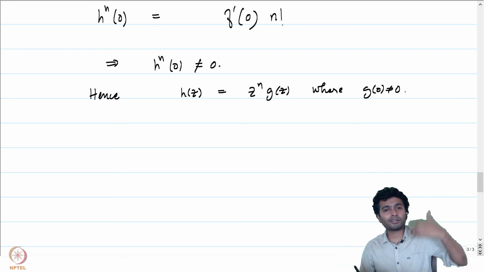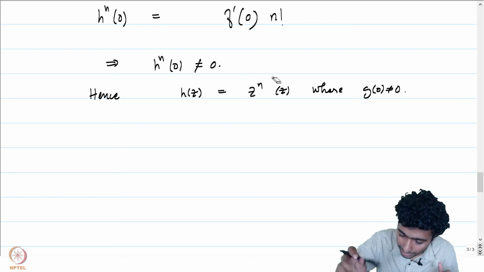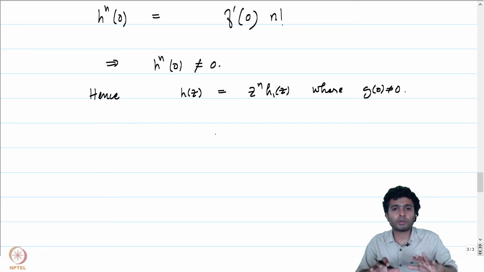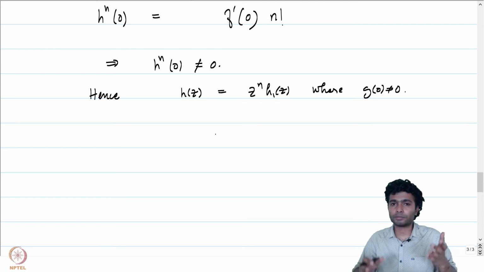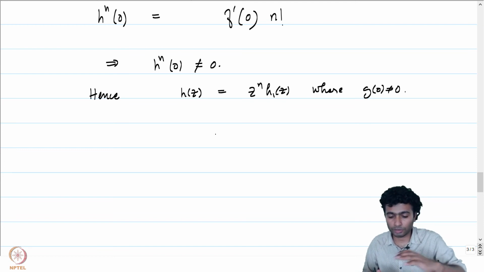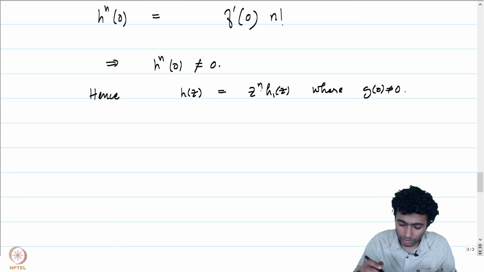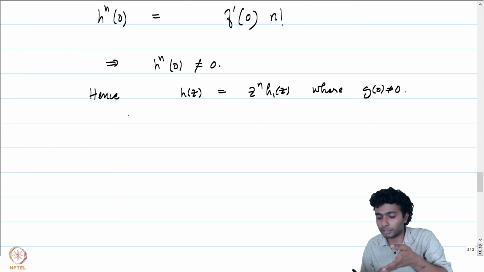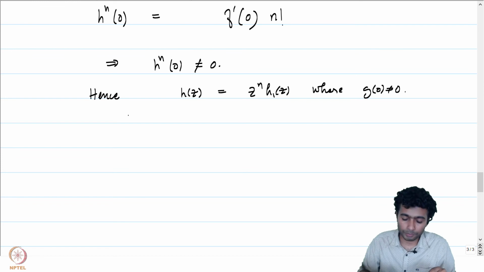Now let's invoke, this g might be a bad idea, let's call it h1(z). We have some knowledge about how a function behaves locally in a neighborhood of 0, especially when we know its multiplicity at that particular point. Here we know that h(0) is equal to 0, and therefore h(z) minus 0, which is equal to h(z), has multiplicity n at 0.